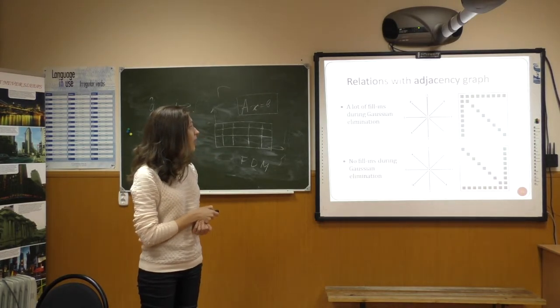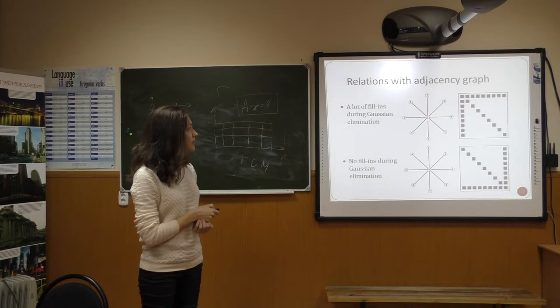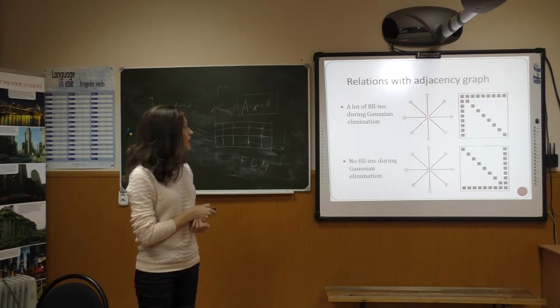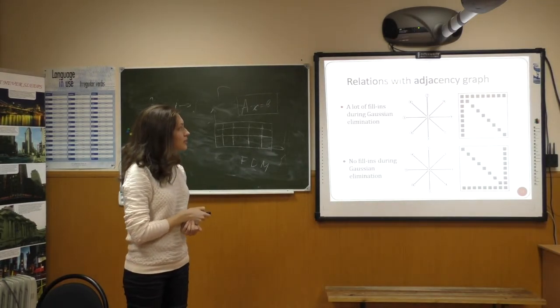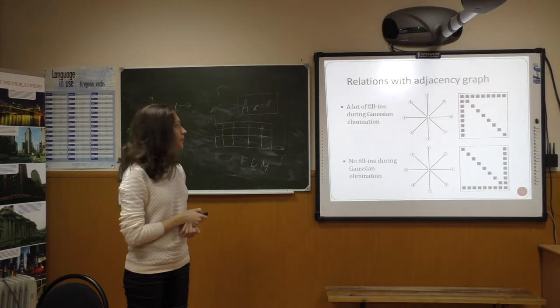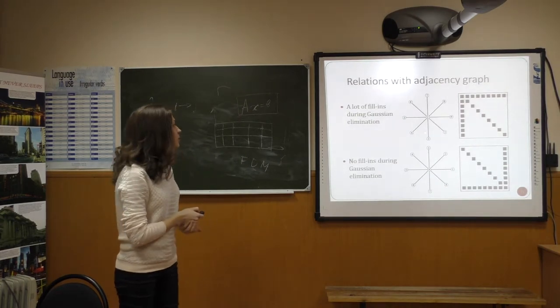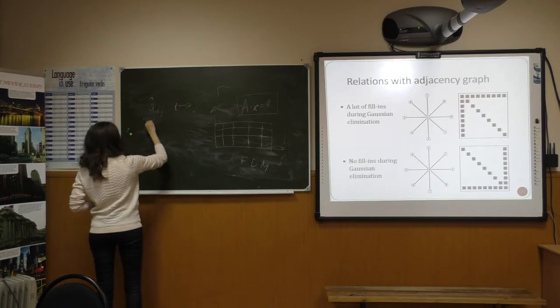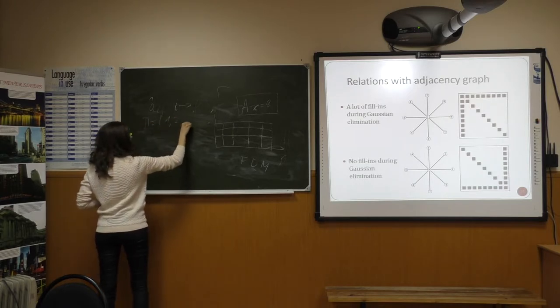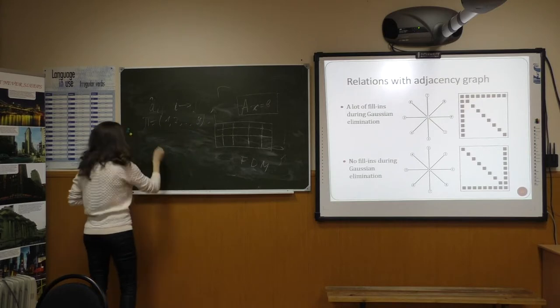Here the vertices are numbered: 0 in the middle, and then 2, 3, 4, 5, 6, 7, 8, 9. So this is the corresponding matrix, and this is the permutation 1, 2, up to 9.